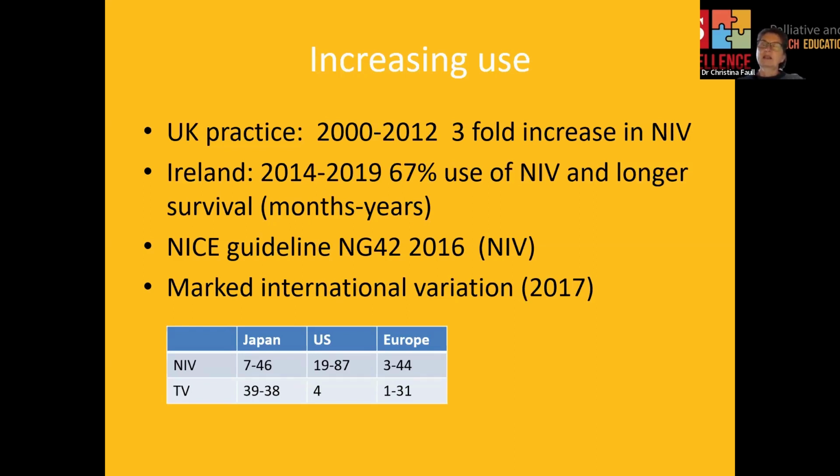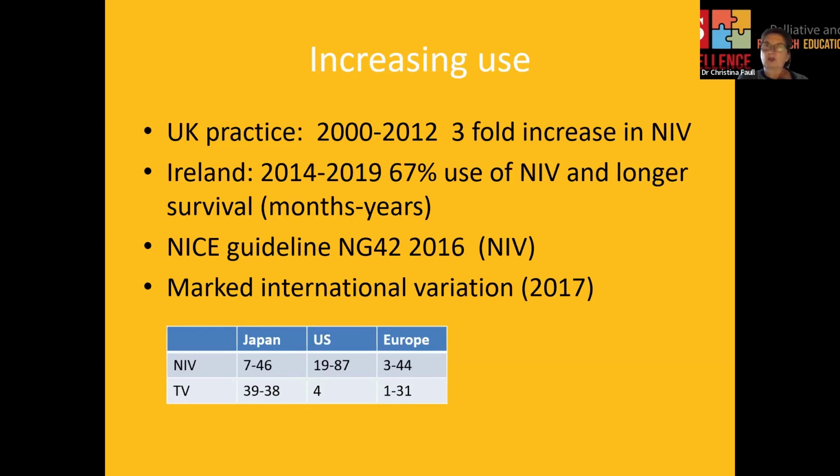When we looked at the use of assisted ventilation, we particularly wanted to look at the use of invasive, so tracheostomy, ventilation. For a paper on tracheostomy ventilation in 2017, looking at all the various papers, we picked up quite a variation in use of either modality throughout the world.